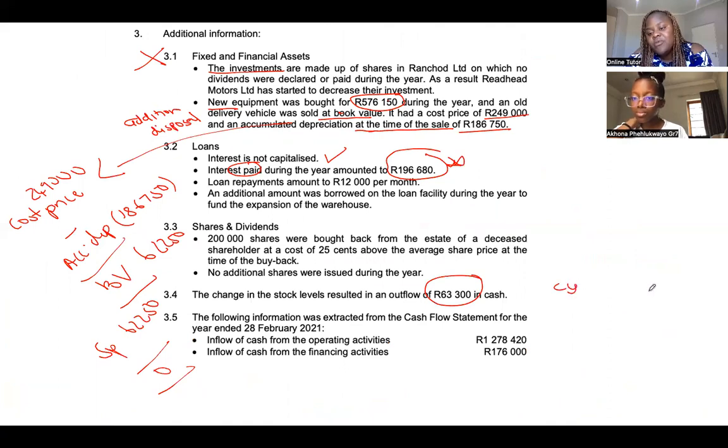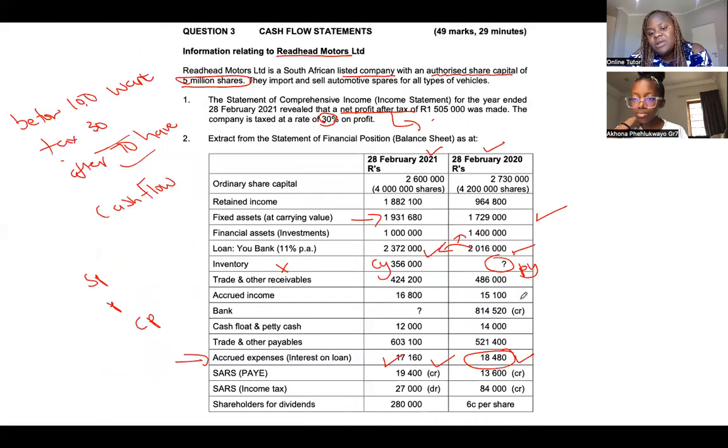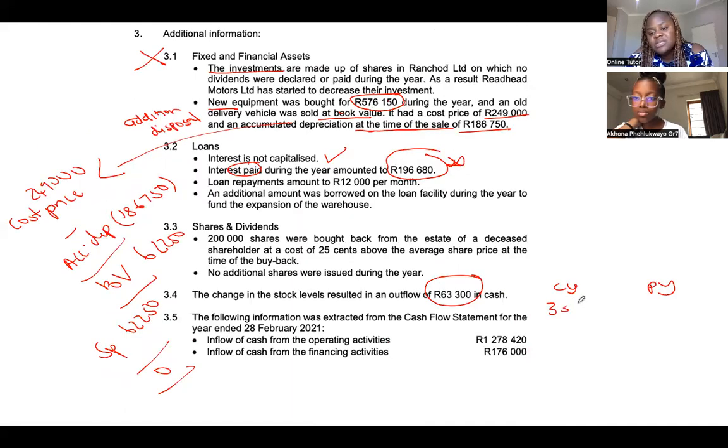So what are they saying? Current year is 356,000. Prior unknown, but they're saying this change resulted in an outflow, meaning we bought more stock. So it's in brackets, right?